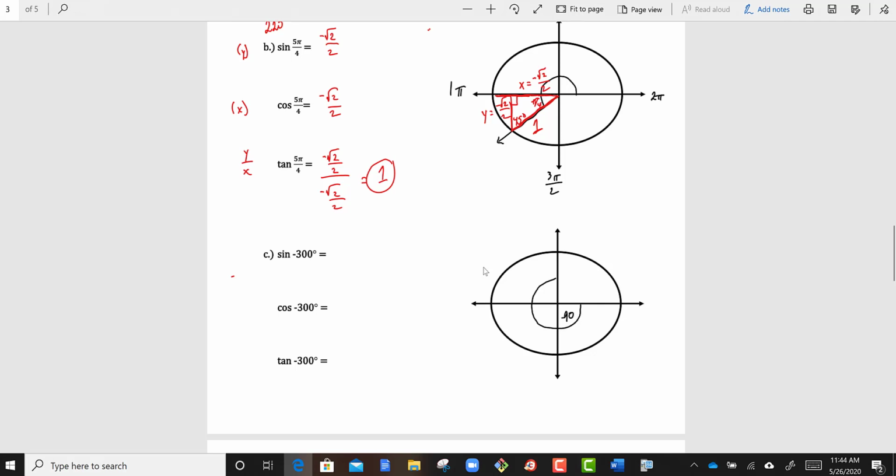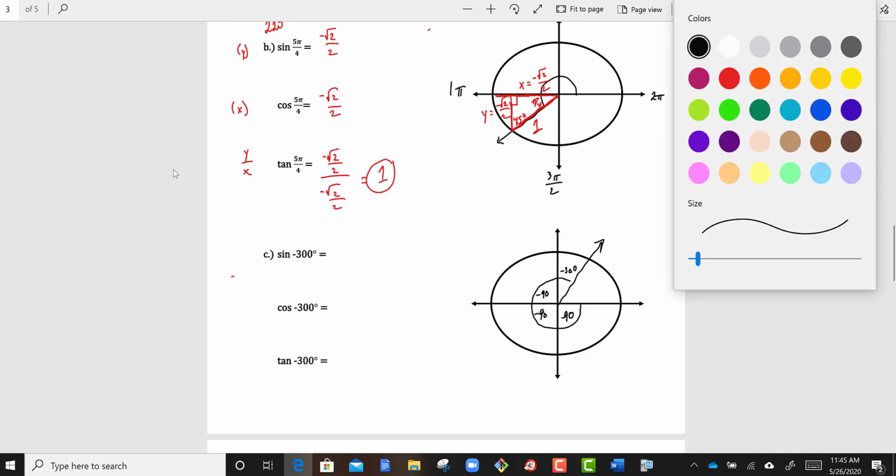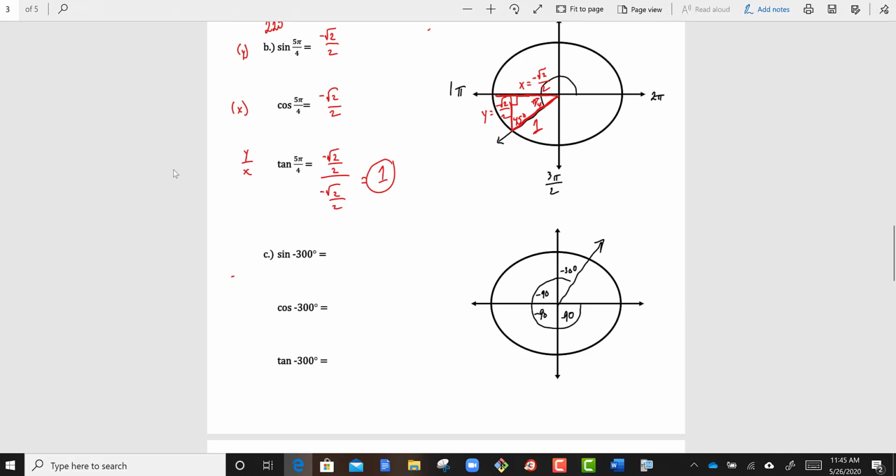So this is negative 90, negative 180, negative 270, plus an extra negative 30 degrees, which means our reference angle for this problem, the shortest distance to the x-axis, is 60. Really what we're doing is finding the sine, cosine, and tangent of the angle that's coterminal to negative 300. So really we're finding the sine, cosine, and tangent of 60 degrees.